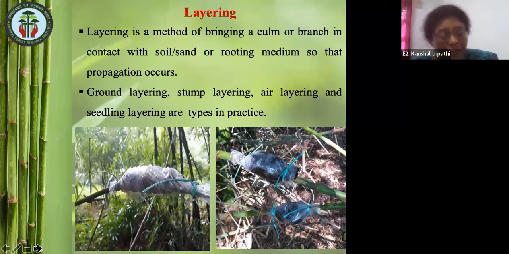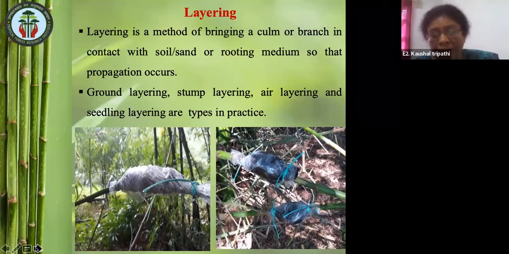And in addition to the cutting method, we can also do the macropropagation of bamboos through layering. It is a method of bringing a culm or branch in contact with soil or sand or rooting medium so that propagation occurs. And layering can be of many types. It can be ground layering or air layering. Here you can see the air layering.